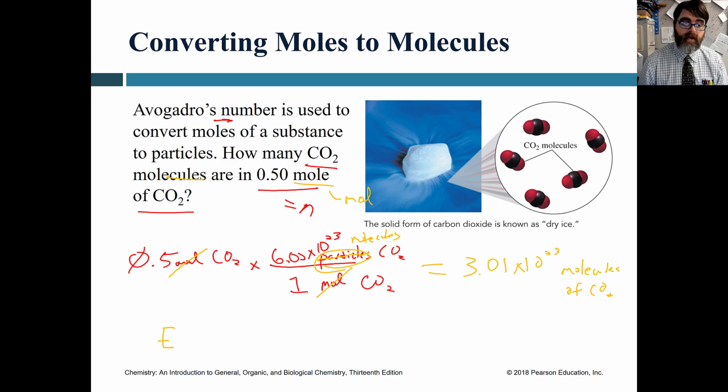The bigger thing I want to show you, though, is if you have a graphing calculator. If you have a non-graphing calculator, it depends on which brand you have as to whether you can actually store a number. But we're going to use Avogadro's number often enough that there's a way we can store it and have it saved in the calculator's memory so that we don't have to type it in over and over again. So I'm going to cut in a little clip here and show you how to do that.